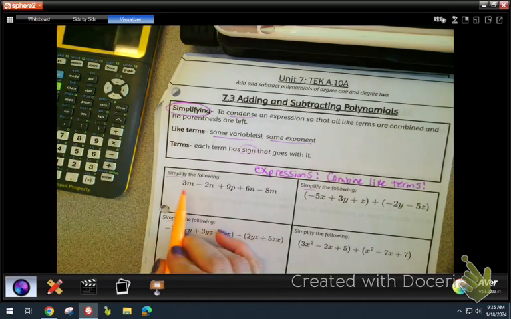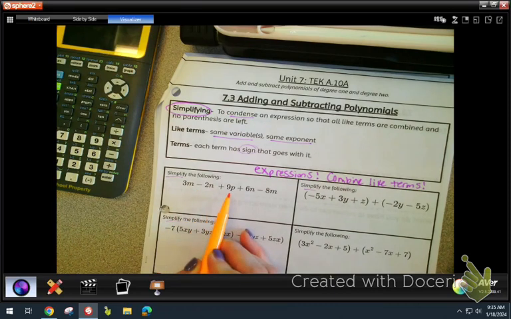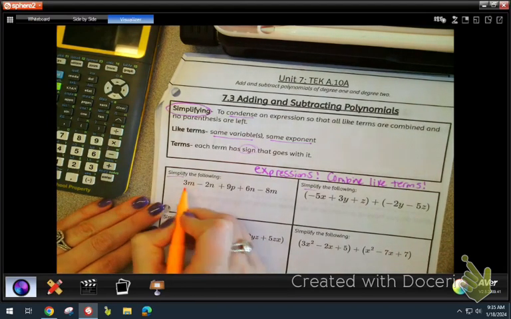So let's look at the first one. 3m minus 2n plus 9p plus 6n minus 8m. Whew, that's a lot. How many terms is that? 1, 2, 3, 4, 5. 5 terms. So there's not really a special name for that, but that's a polynomial. So the first thing that I would do is, anything that has an m with it, I'm going to underline.